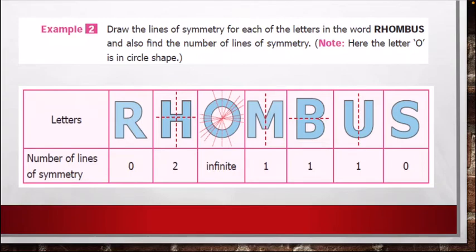Students, you should keep in mind that not every figure has a line of symmetry. Some figures or some letters do not have a line of symmetry. You should understand the concept of line of symmetry, what symmetry means. Okay, so the next one is H. If I draw a vertical line of symmetry, am I getting the other half equal?